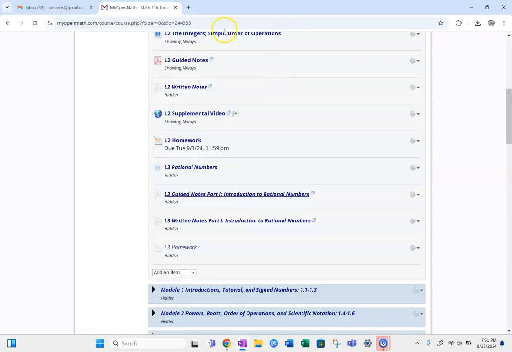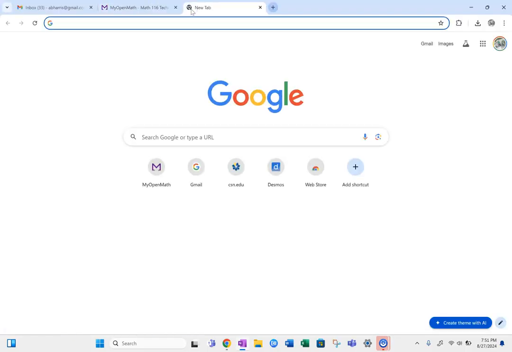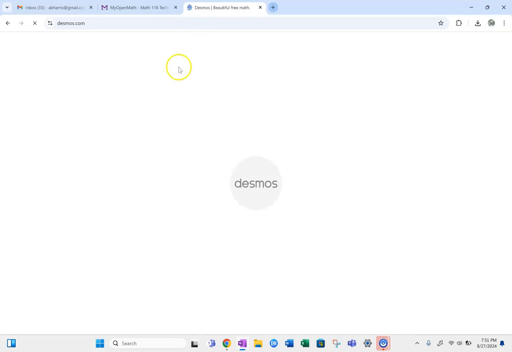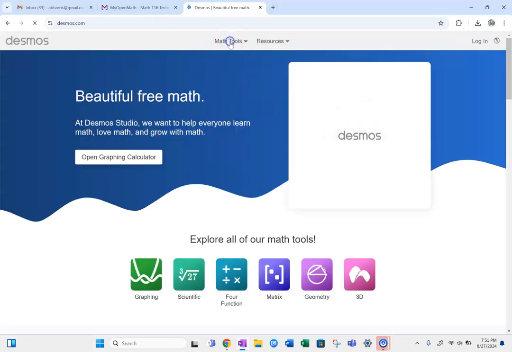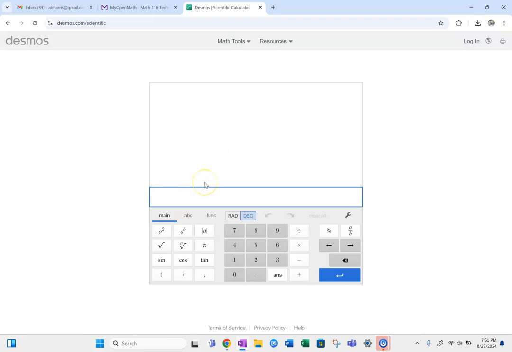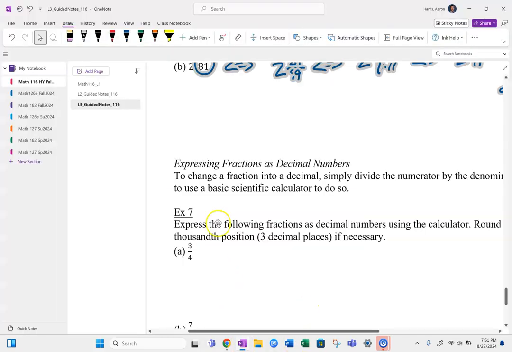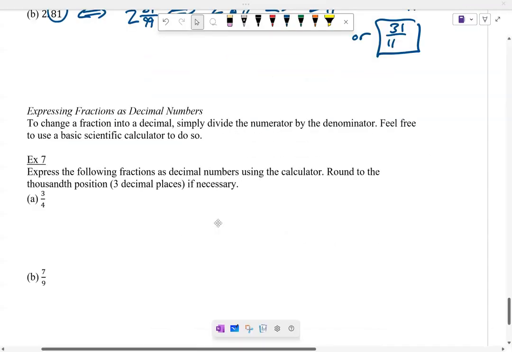So I'm going to go to decimals.com, click on Math Tools, Scientific Calculator, and then we just go 3 divided by 4. You can take the 3 divided by 4 there, and then hit enter, and you see that 0.75. And there it is as a decimal, right?